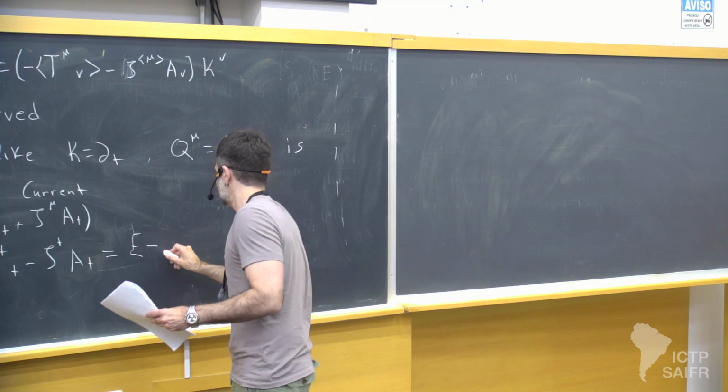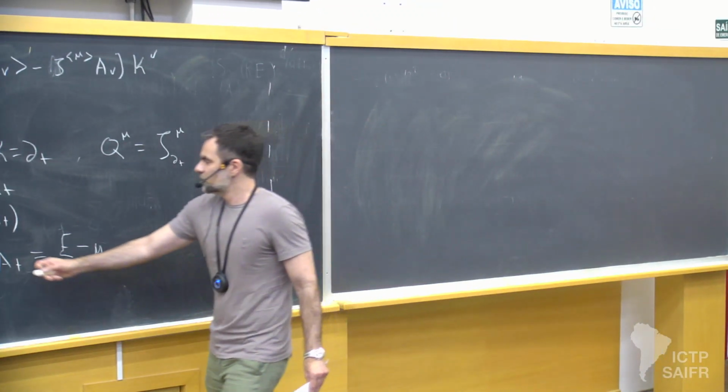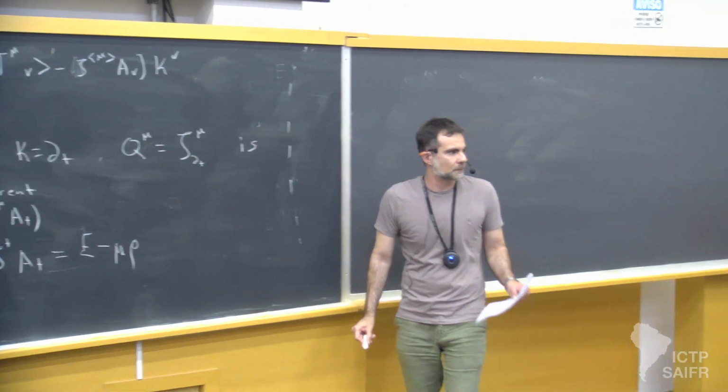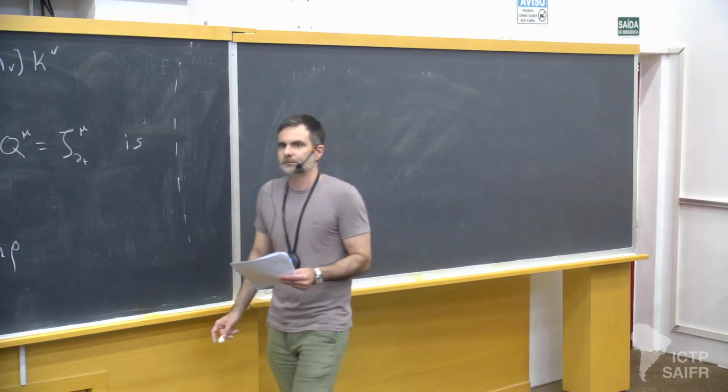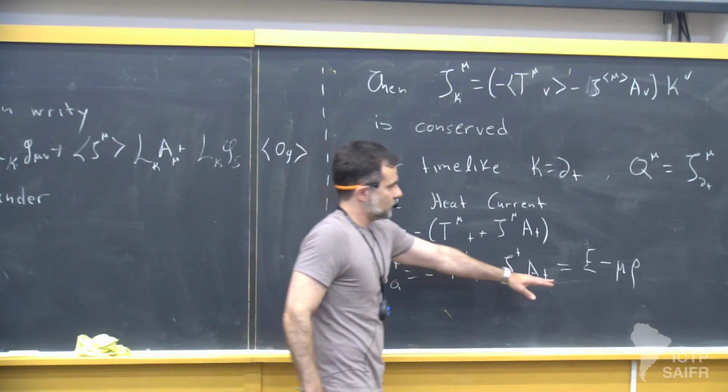A_t is the chemical potential. Okay? And j^t is the charge density of the system. So basically, I wanted to study transport of this quantity.